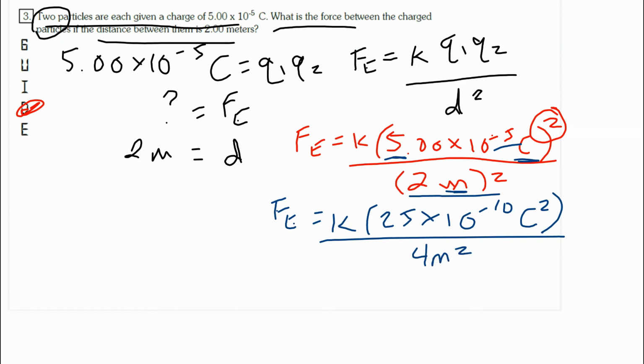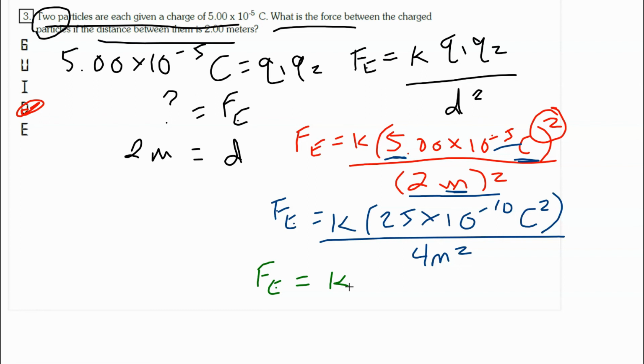My next step is to do the division right here. How many 4s will evenly go into that 25? So electrical force, K value. So I have 25, turn the calculator on, 25 to the negative 10.